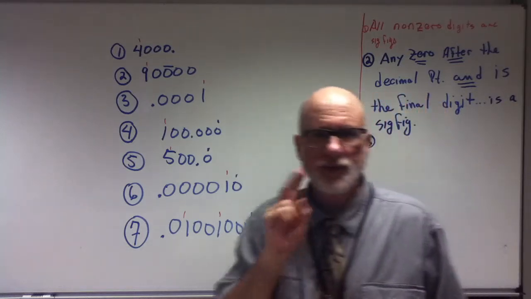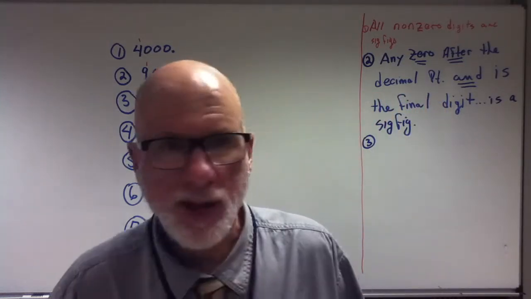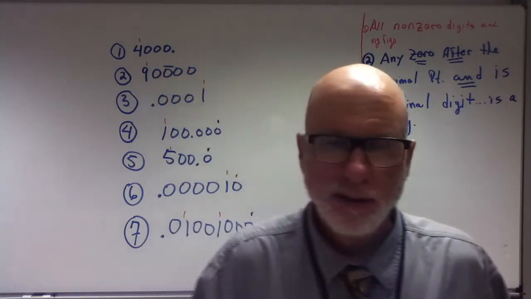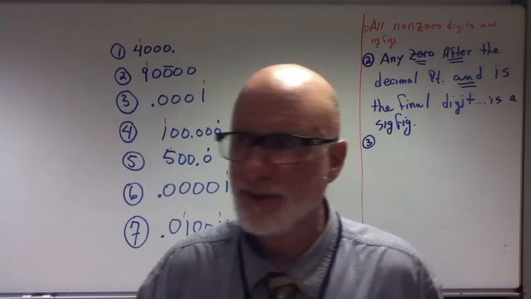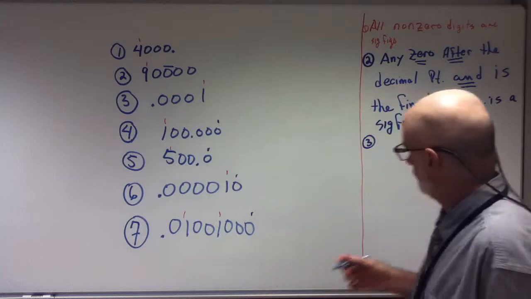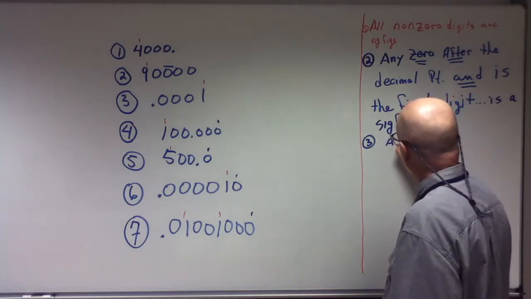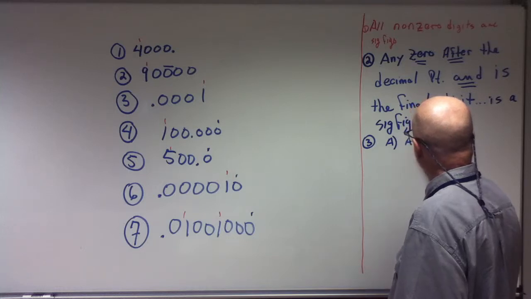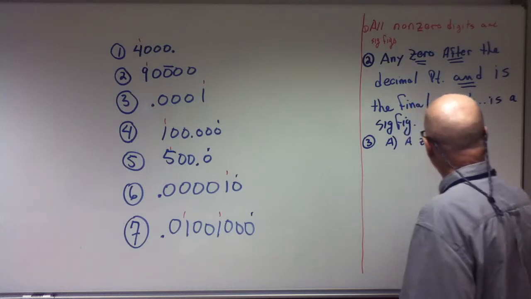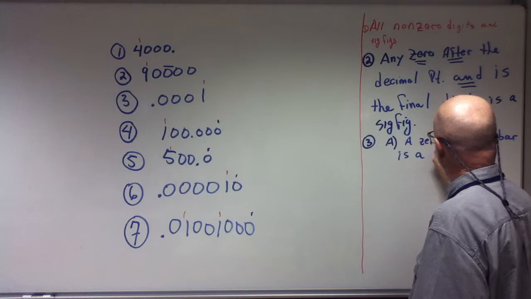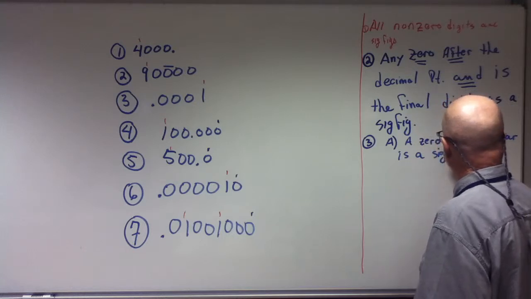Number 3 is in 2 parts. And I combine number 3 into 1 because they're odd rules. A 0 with a bar is a sig fig.